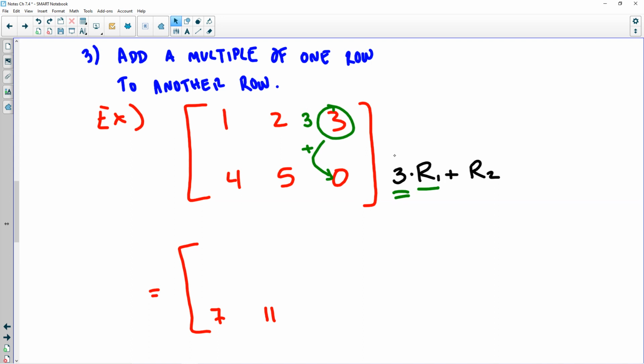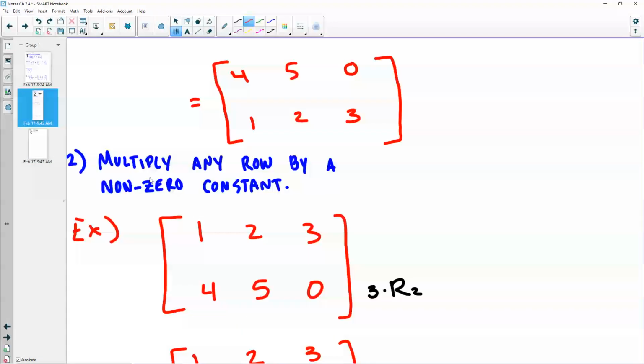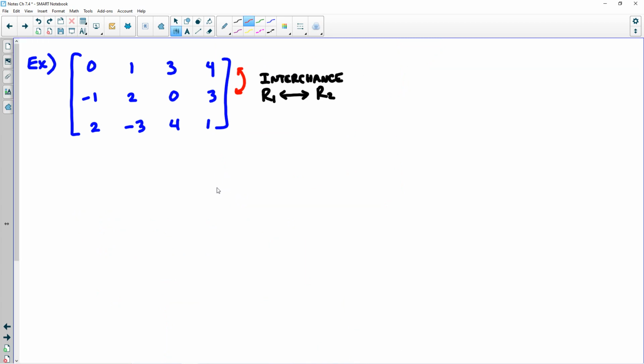Row 1 times 3, so 3 times 3 is 9, plus row 2, so 9 plus 0 is 9. So row 2 has changed, and row 1 stays the same because we did not change any of that. So row 1 stays 1, 2, and 3. So that right there is our 3 row operations for matrices. Okay, and then we'll stop there.